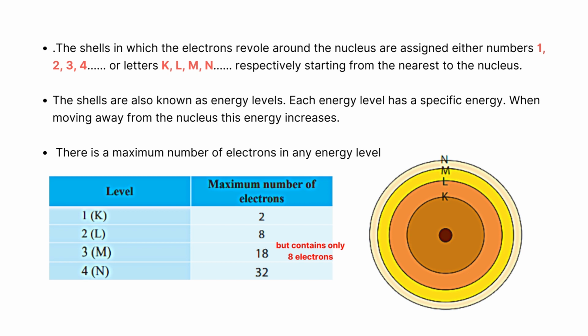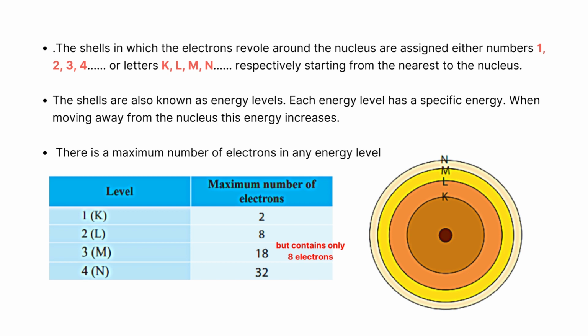There can be 1 or 2 electrons. But in the second shell, that is the L shell, there can be a maximum of 8 electrons. Up to 8. If we look at the third shell, the M shell, there can be a maximum of 18 electrons, but we consider it as 8. This is a different concept, you will study in your upper grades. For now you need not know them, just follow M shell as 8 electrons. And in the fourth shell, that is the N shell, there are 32 electrons.